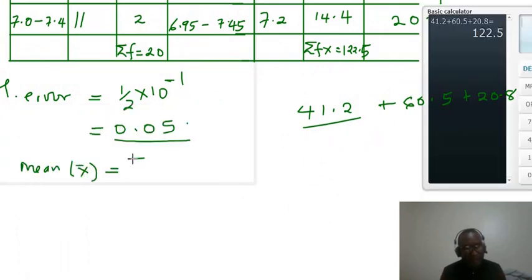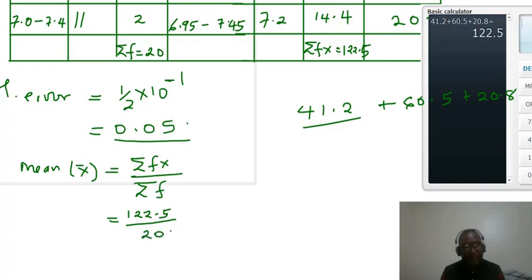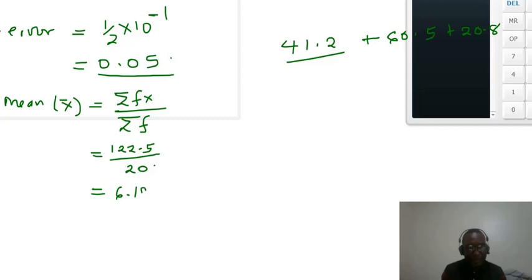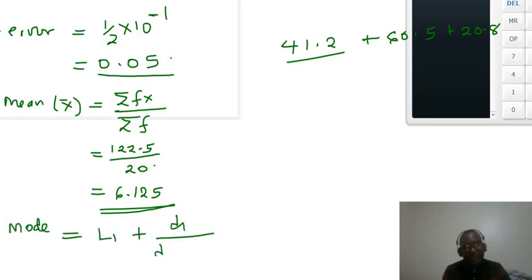This here is summation fx all over summation f, and summation fx is 122.5 divided by summation f, which is 20. So when you compute this on our calculator, 6.125 is our mean.